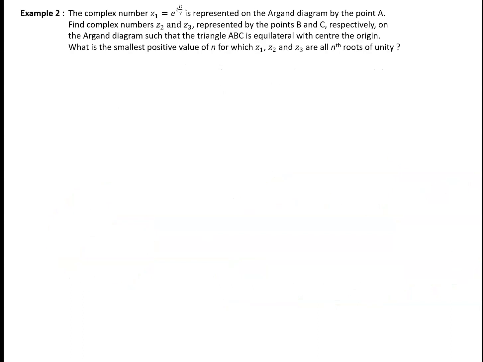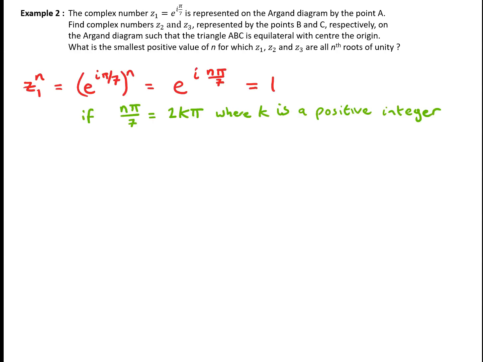Now what we are also asked is what is the smallest positive value of n for which z1, z2 and z3 are all nth roots of unity. Well, z1 to the power n is going to be e to the i pi by 7 to the power n, which is the same thing as e to the i times n pi by 7.